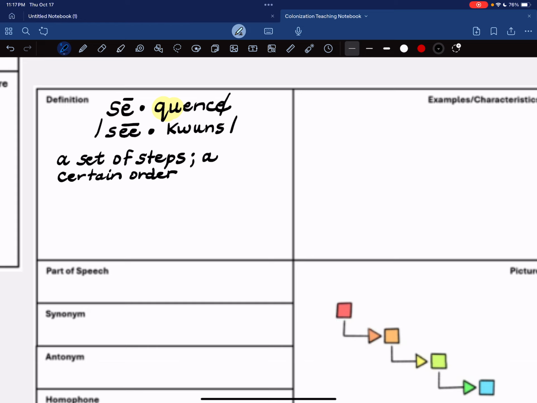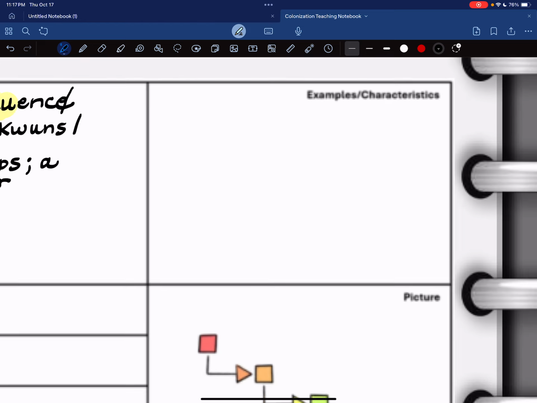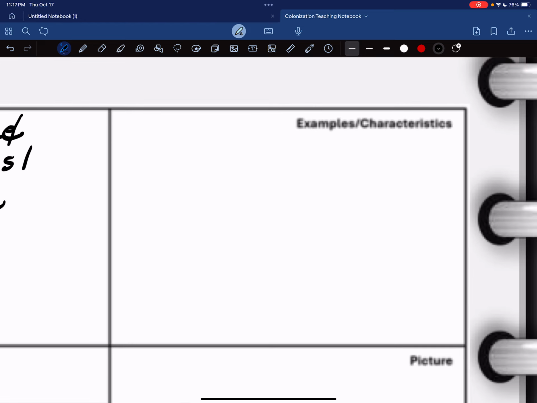And let me jump over here just a second to the examples. And I'm going to give you 2 sets of numbers. And I want you to tell me the one that is in the proper sequence.